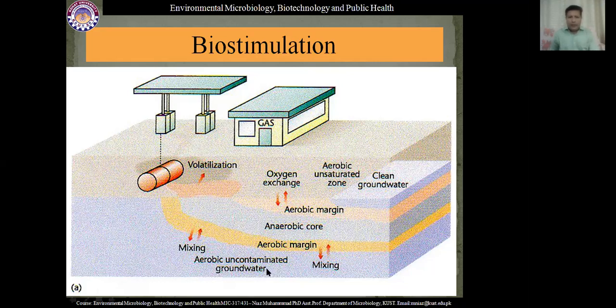Aerobic uncontaminated groundwater mixing also takes place, which reduces its concentration by facilitating aerobic microbial populations to decompose the pollutant. And inside, some will be anaerobic, where anaerobic microbial populations present in this zone will decompose the anaerobic core of the pollutant.